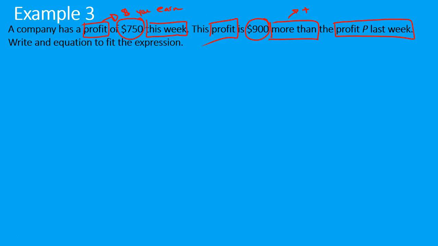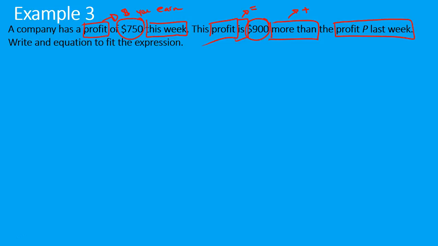Here's something that you should know. Most of the time, and it's not every single time, but most of the time, the word is means equals. Like if I say 3 times 2 is 6, that's the same as 3 times 2 equals 6. Now, some of you, if you notice the directions, I typed this wrong. It should say write and solve an equation to fit the expression.